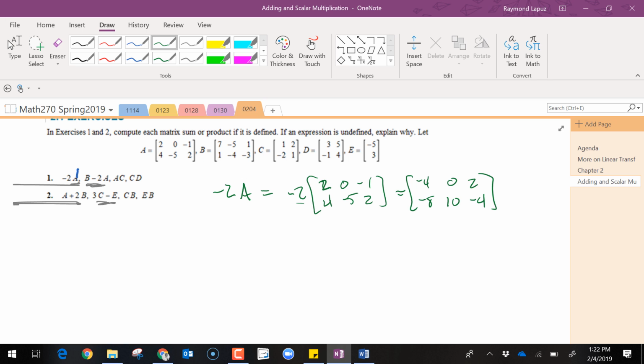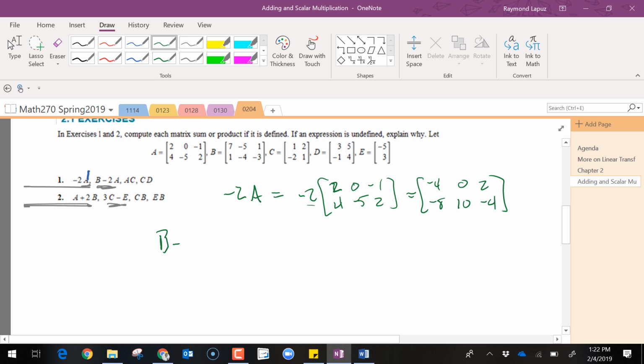All right, let's take a look at what B minus 2A might look like. We have B, 7, -5, 1, 1, -4, -3. So minus 2A is like saying plus -2 times A, so let's put that -2 times 2, 0, -1, 4, -5, 2.